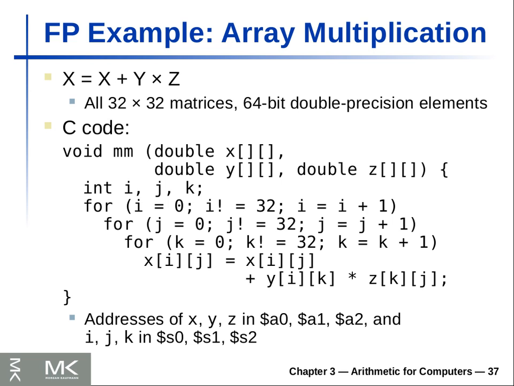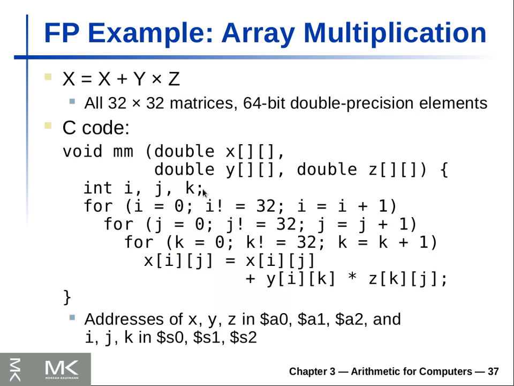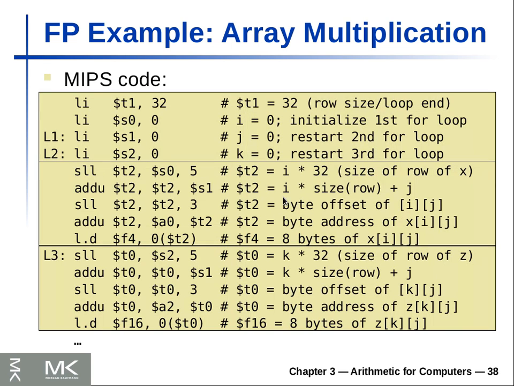So in order to figure out the address, I is going to tell you how many 32s you're going to jump down. So over here, I times 32 into T2, so you can start finding the address. And we're going to then add J to it, which is S1, right? We said S1 is J.